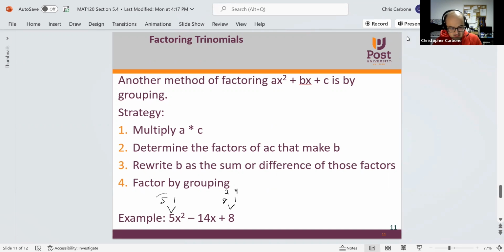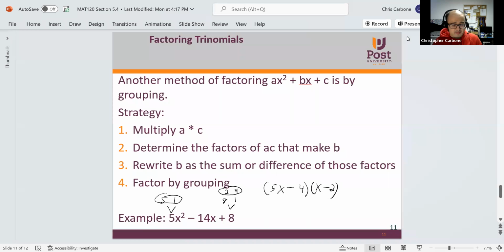And the only other factor that pairs with 5 and 1 to make this particular trinomial and add up to be negative 14 is going to be 2 and 4. If we multiply 5 and 2, and 4 and 1. So the factorization of that would be 5x, since we want to multiply the 5 by 2, and we want this to be negative, a negative 4 times x minus 2.